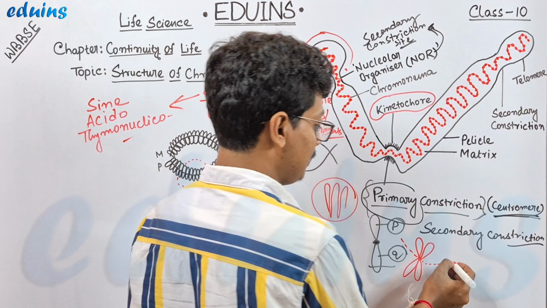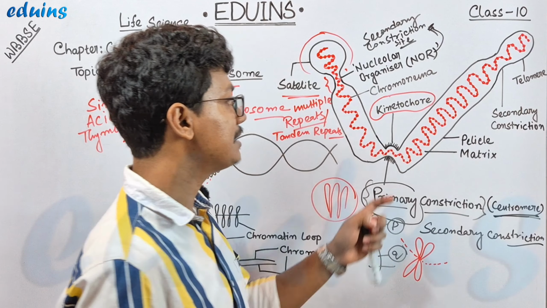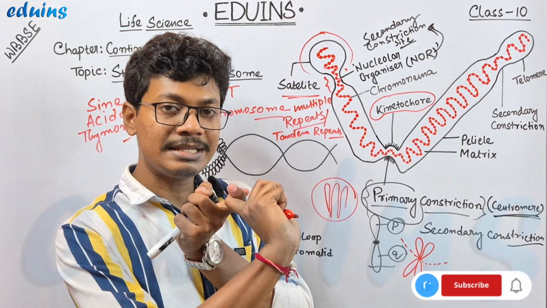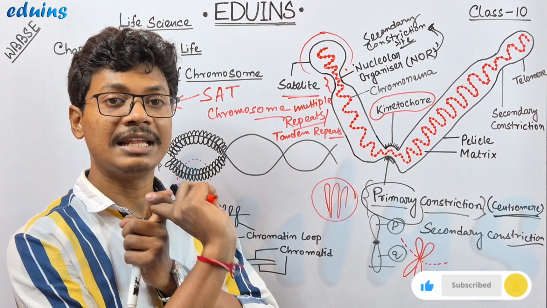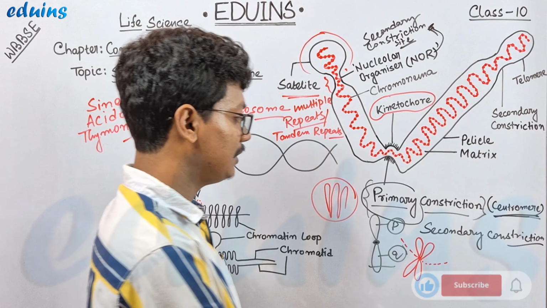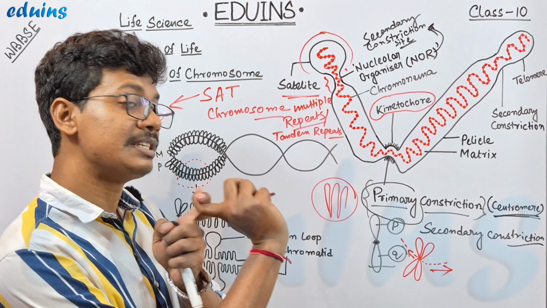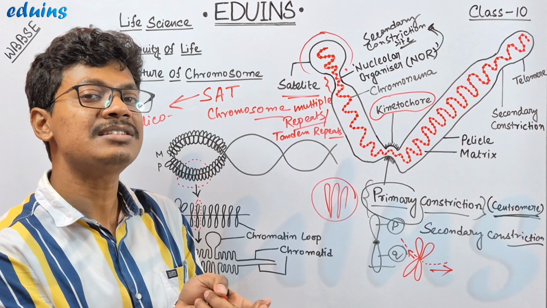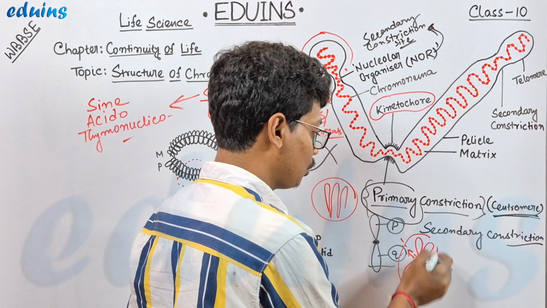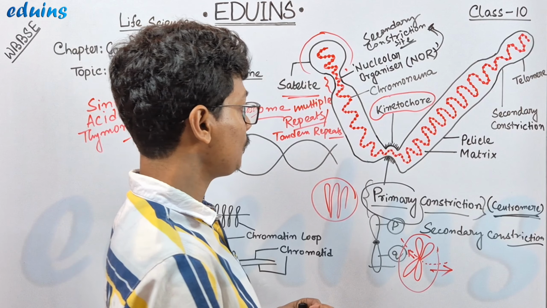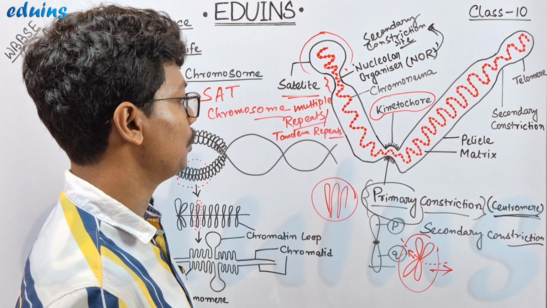But where, specifically? That is the kinetochore. This is a hook-like structure where the spindle fiber gets attached, and after that, by the pulling of these spindle fibers, the sister chromatids are detached from the chromosome. So this is the function of kinetochore.